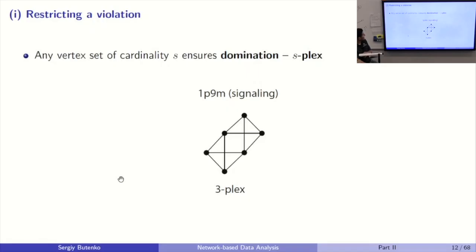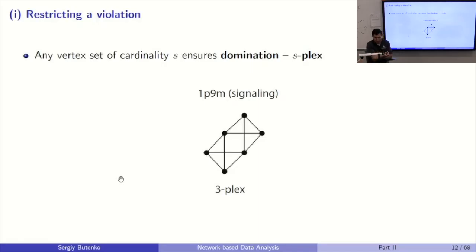If you look at the domination, so this is the third elementary clique defining property that we listed, right? Any vertex set of cardinality S instead of 1, so you replace 1 with S, ensures domination. So essentially every set of S vertices in your network is supposed to be a dominating set. Then we can actually easily show that this essentially is the definition of an S-plex.